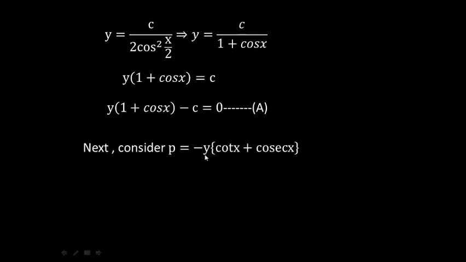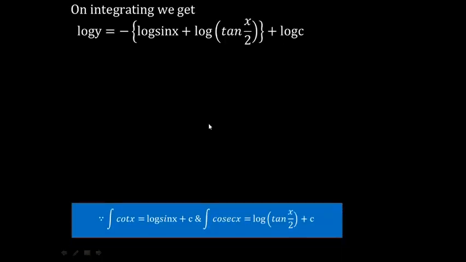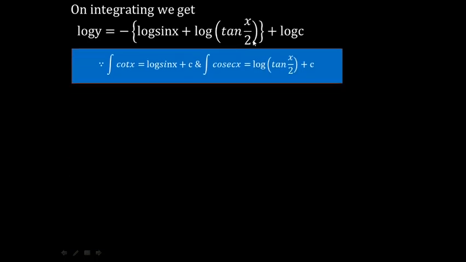On a similar line, let's consider the second root, that is p equal to minus y times cot x plus cosec x. Writing p as dy by dx, obtaining the variable separable form, and then integrating, we again make use of the formula for the integration of cot x and the integration of cosec x. It is in the form log a plus log b, so it is log a divided by this completely.